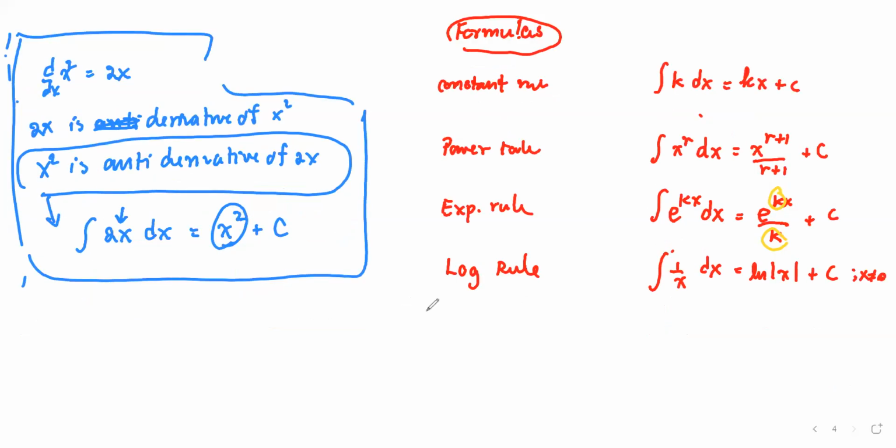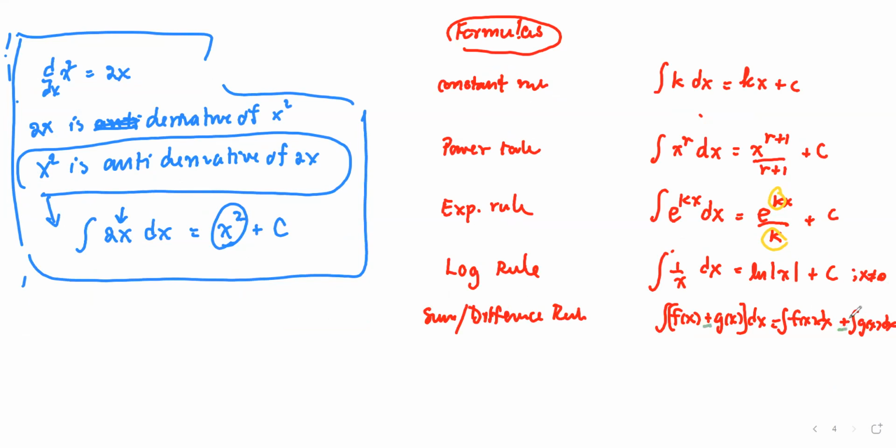And the next one, the sum or the difference rule. It would be the integral of the sum f of x plus g of x with respect to x. You're going to find the integral of the function f with respect to x plus the integral of the function g with respect to x. But if you have the difference, you do the same.